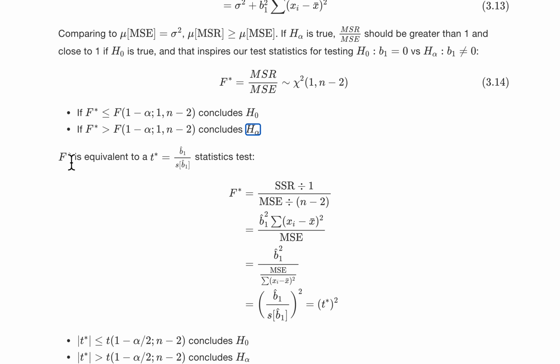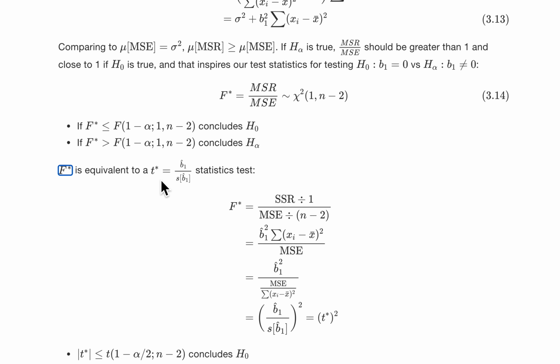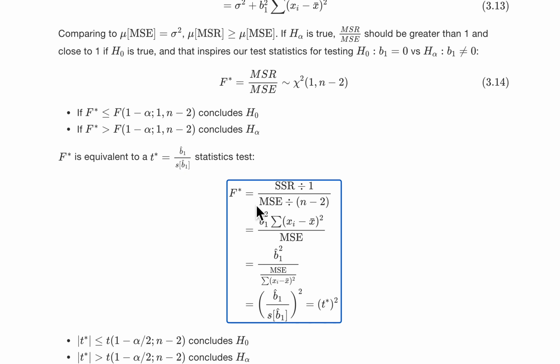Now, let's first look at F star. You can see that F star is actually a square of a T statistic. Why? Let's expand F star. F star is SSR divided by 1, divided by SSE divided by n minus 2.